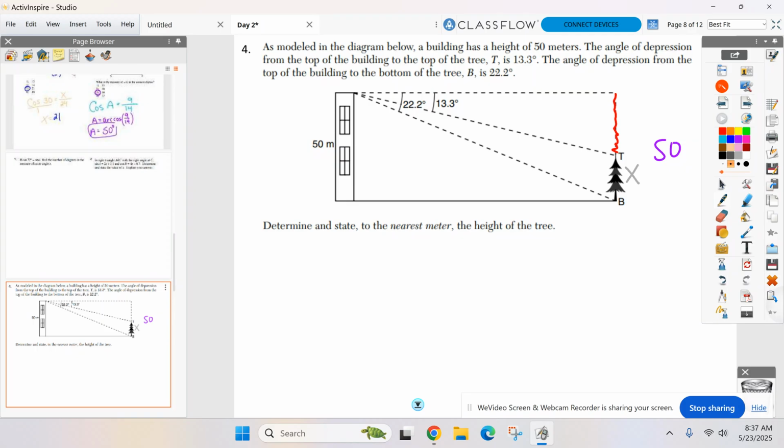So I'll let you look it over right now because I'm not going to tell you what to do. I would love that red highlighted side so I could subtract it from 50 and get that tree line. You got a couple angles already. You got a couple right triangles in there too, it looks like.